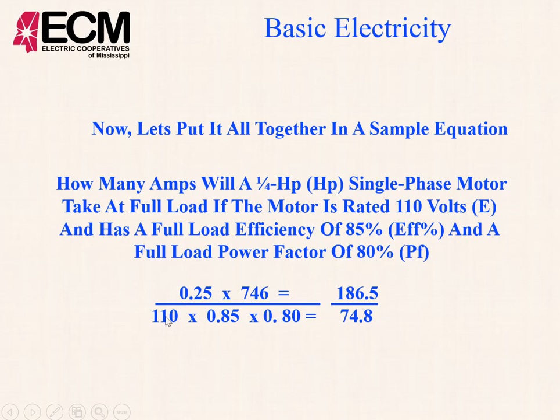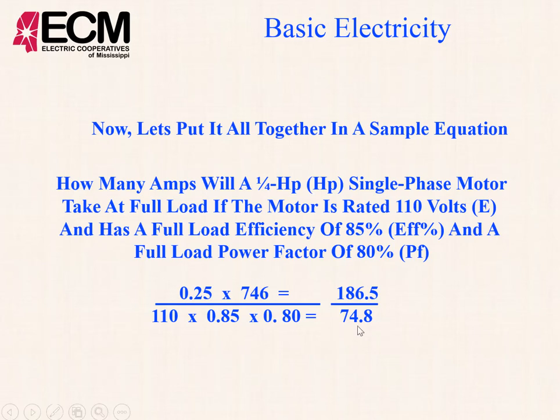186.5, and then we're going to take the voltage, 110 volts, 85% efficiency, and 80% power factor. Multiply all of that together, and we come up with 74.8 on the bottom.